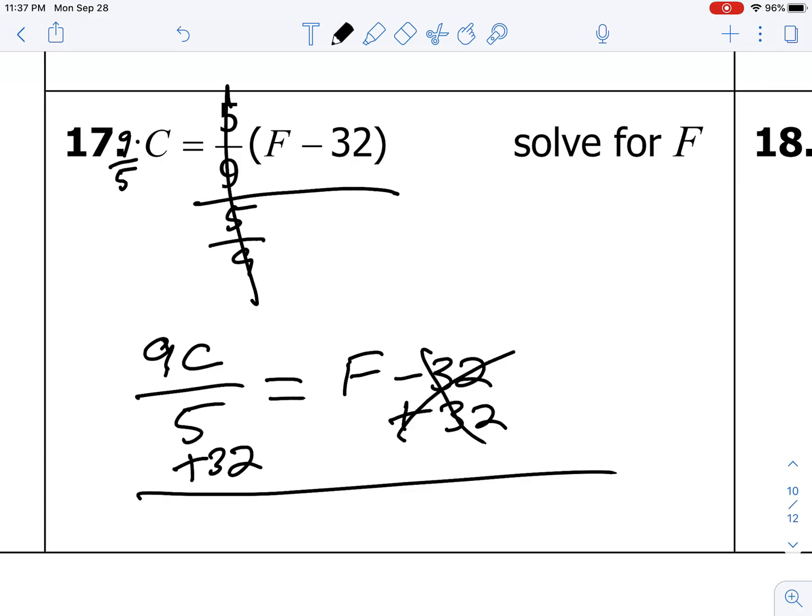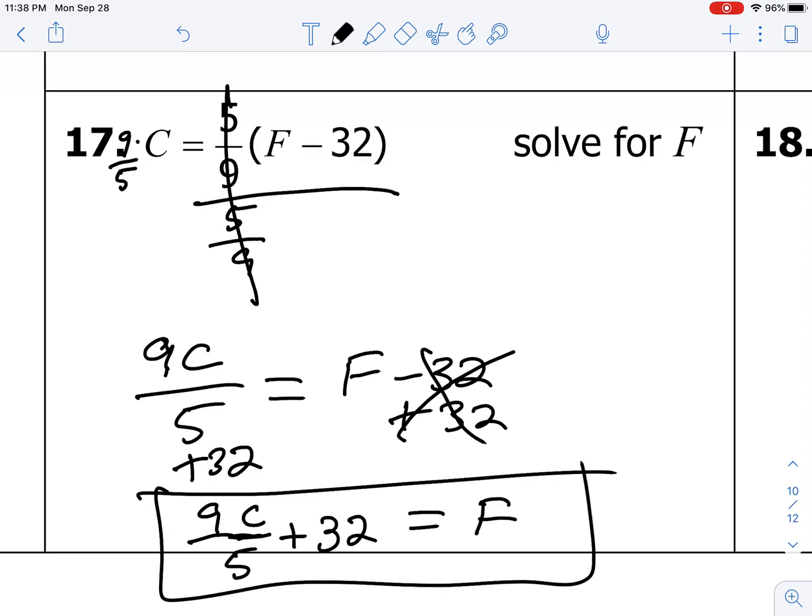Now, you cannot actually add the 32 because technically this is 9 over 5c. So basically what you get is 9c over 5 plus 32 equals f. F is now by itself. That is your answer.